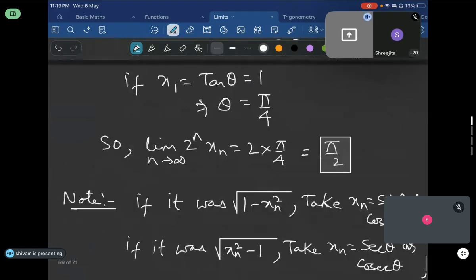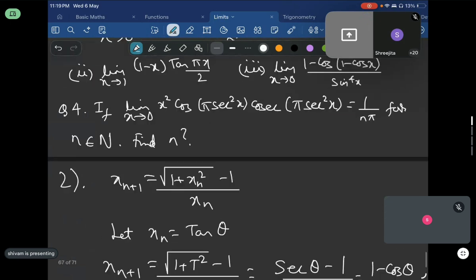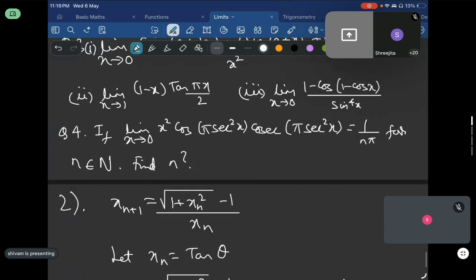Next, quickly solve part 3. Yes, Madhurya, part 2 is correct.